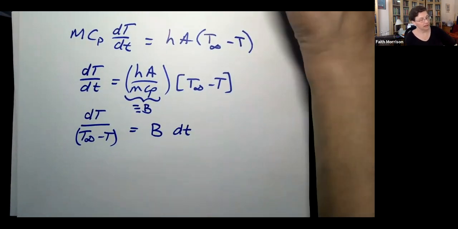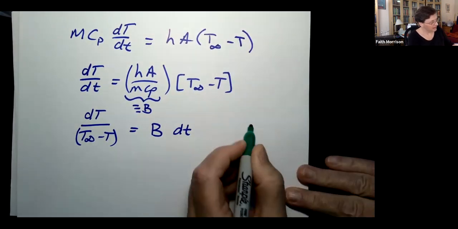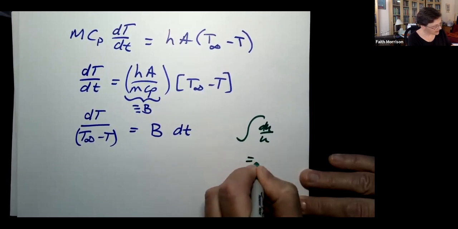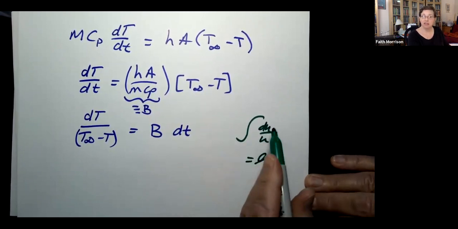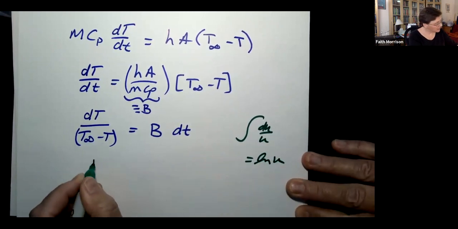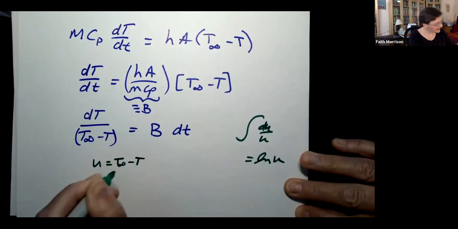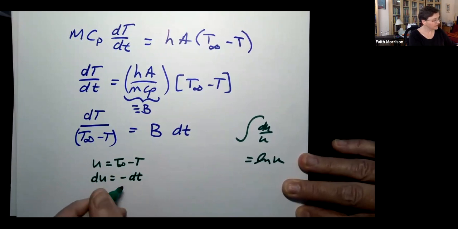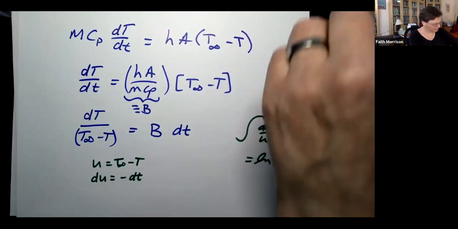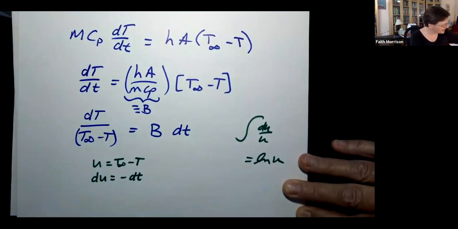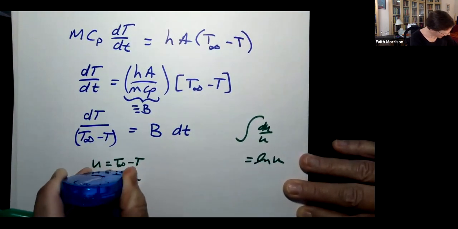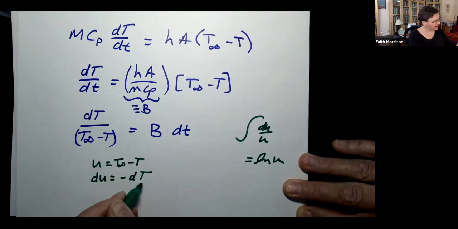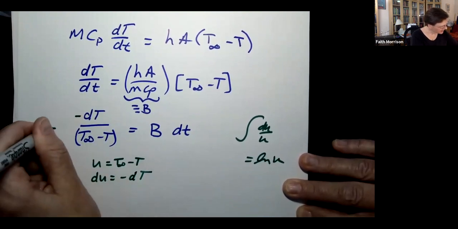This is just the integral of du over u is equal to the natural log of u. So if u is T infinity minus T, then du is equal to minus dT, with the capital T. So I put a minus sign there and a minus sign out here.